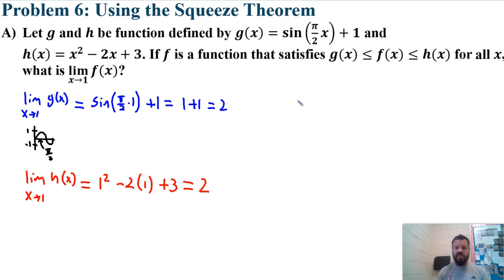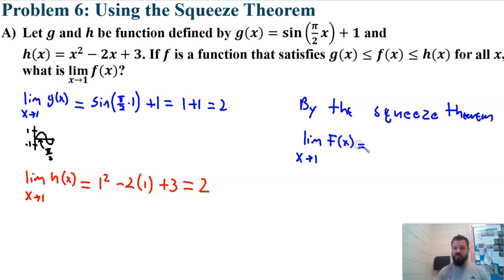So what we can do is say that by the squeeze theorem, and we'll include that just to let the reader know which theorem we're using, we know that the limit as x goes towards 1 of f of x, whatever function that is, is equal to 2 as well, because f has to squeeze between the two of these. It has to squeeze into that 2.